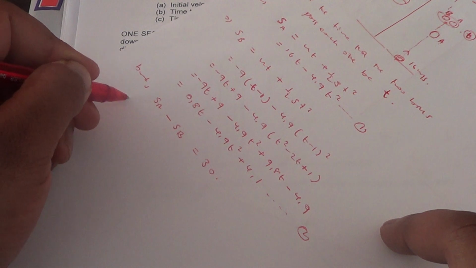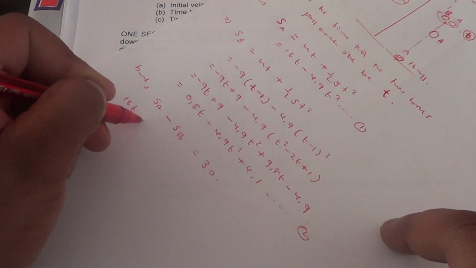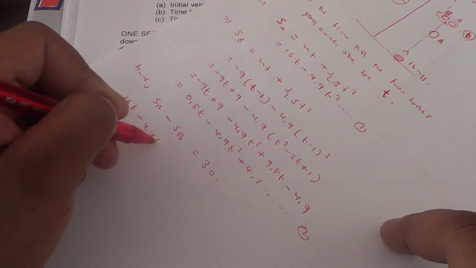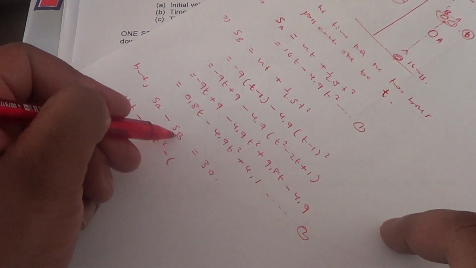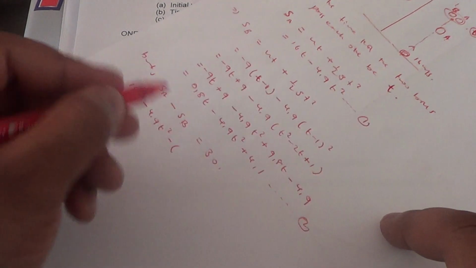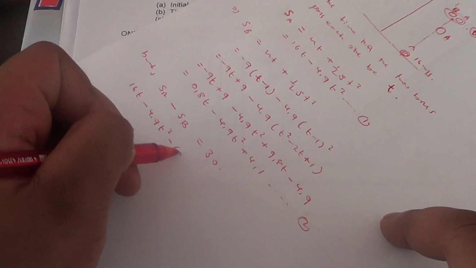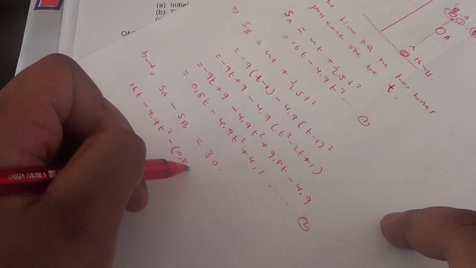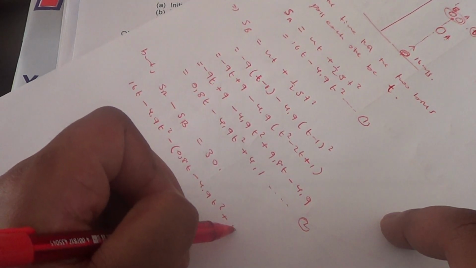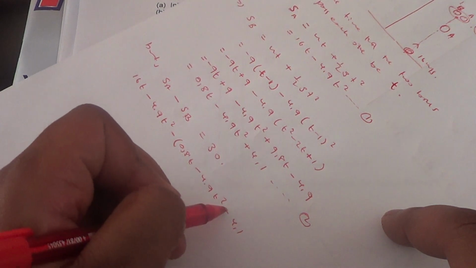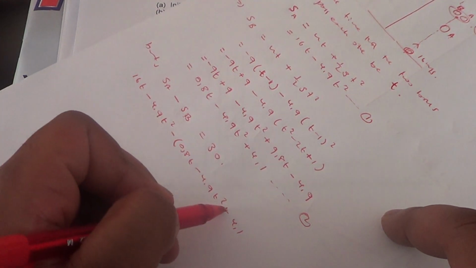So now we're going to say 16t minus 4.9 t squared minus, now this SB, we found that, okay, we're going to just put it there, 8 t minus 4.9 t squared plus 4.1. Alright.